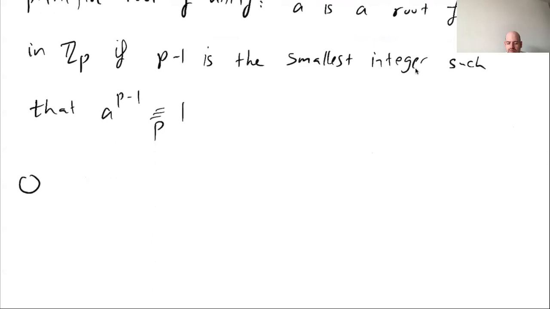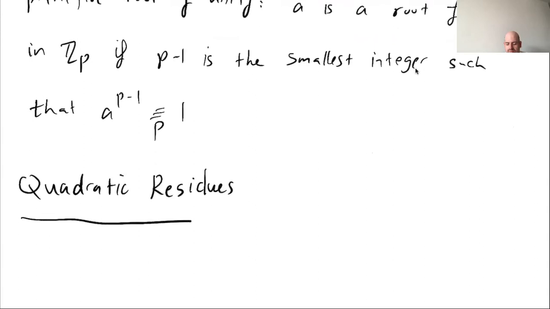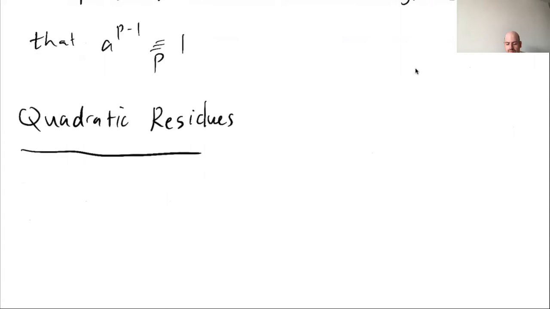Okay, the next concept we want to look at is called quadratic residues. Again, let p be a prime number.